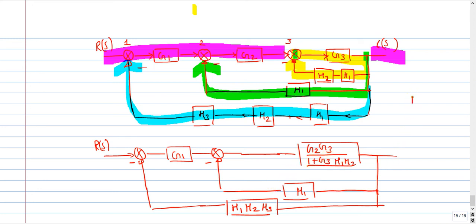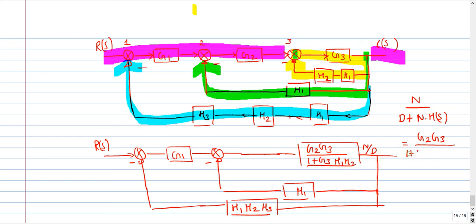What I said, numerator by denominator plus numerator into H of s. So here this form I am writing N by D. Numerator is G2, G3. Denominator is 1 plus G3, H1, H2.